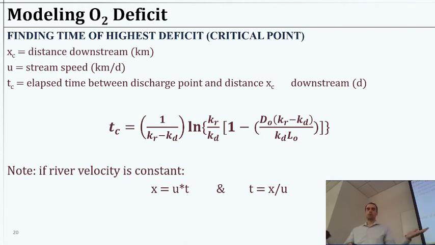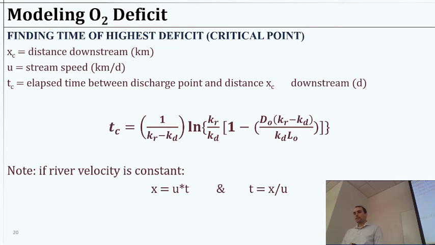It'll be different if it goes out into a delta where it's very wide and it's just going to slow down. Okay, at any rate, if we assume that the river velocity is constant, then the distance is the speed times the time, or time is the distance divided by the speed.